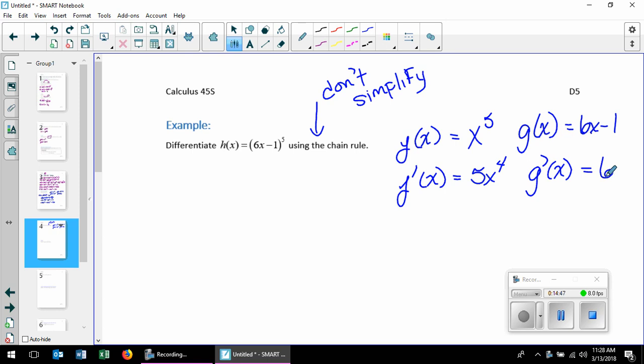So what's the first part of the derivative of the chain rule? This, that into f of x derivative. So we're going to have 5 times 6x minus 1 to the exponent 4 multiplied by the derivative of g of x.